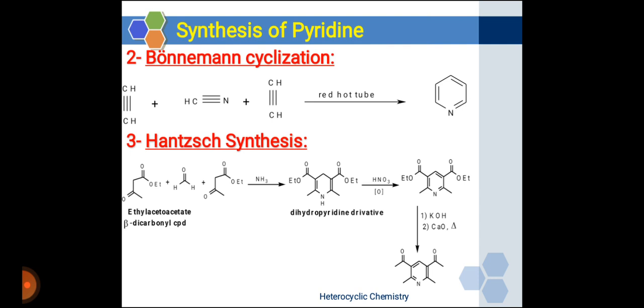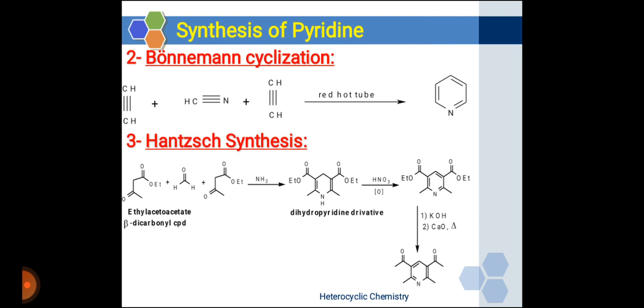The dihydropyridine derivative again reacts with nitric acid by oxidation to form another dihydropyridine derivative. Again it reacts with potassium hydroxide and calcium oxide in presence of heat to form the pyridine derivative molecules.